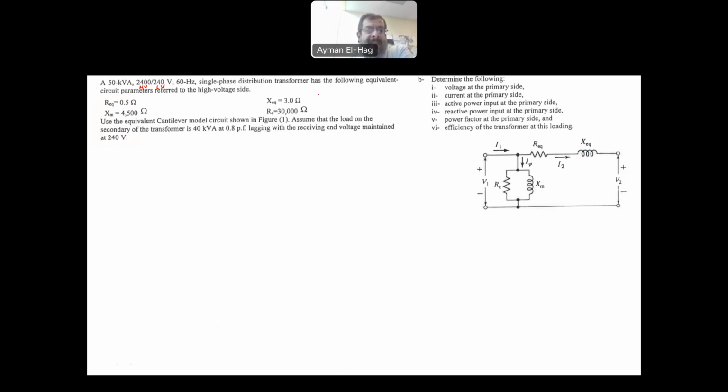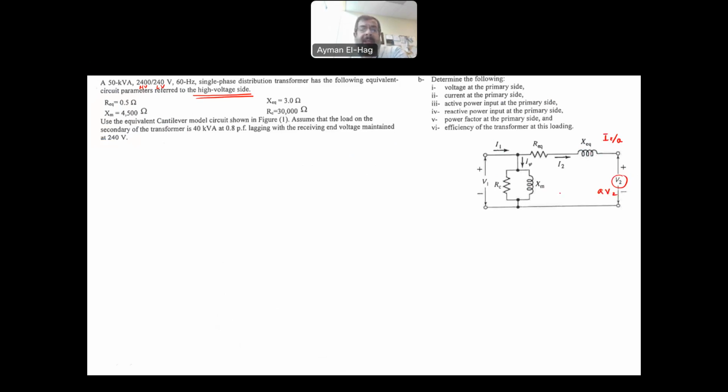Now, these values are referred to the high voltage side. This is very, very important. So this model is taken at the high voltage side, which is the primary side. When we take the model referred to the primary side or the high voltage side, V1 and I2 stay as they are, but the current will be I2 over A, and the voltage will be AV2.